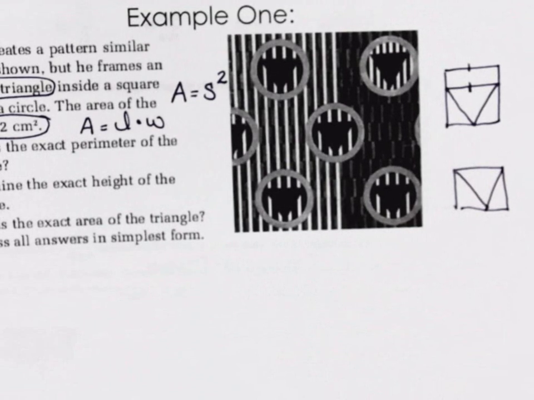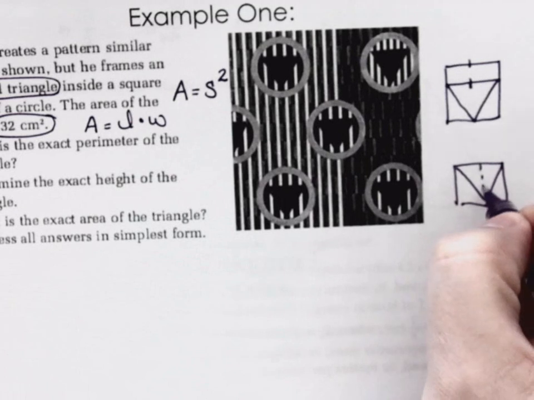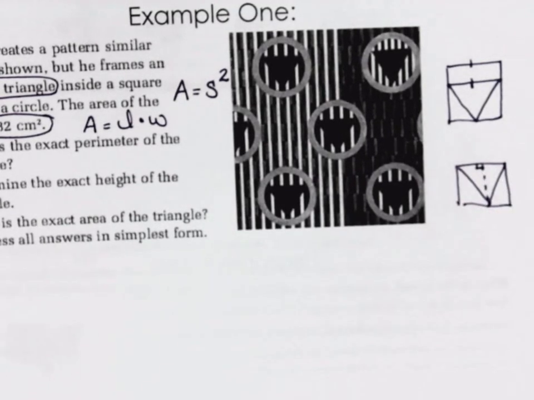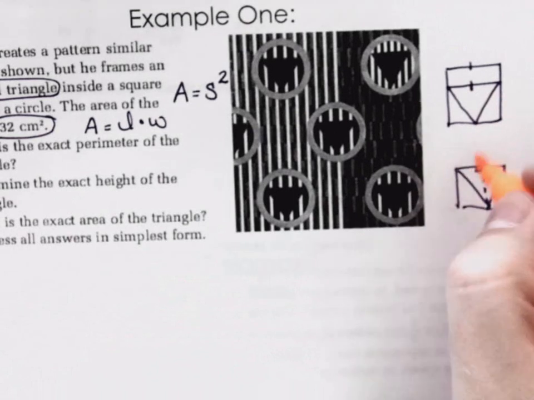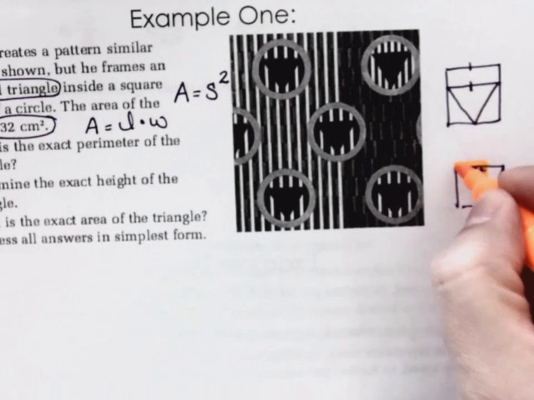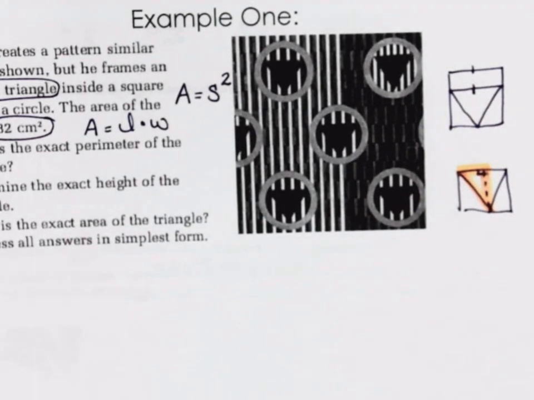But what do I know about hypotenuses of a triangle? If I made that a 90-degree triangle, what do I know about hypotenuses? A squared plus b squared equals c squared, c squared being the hypotenuse. When I'm looking at the three sides, which one's the longest?